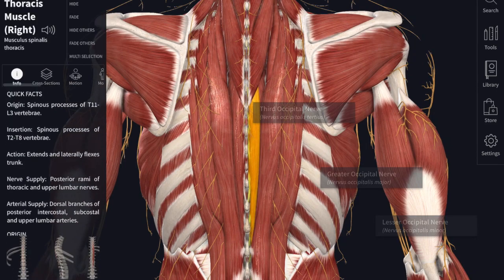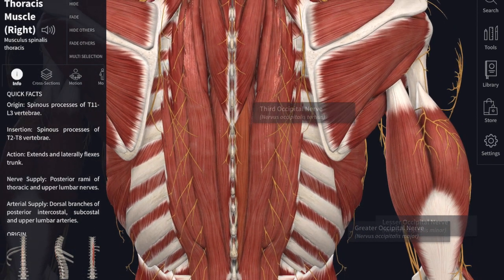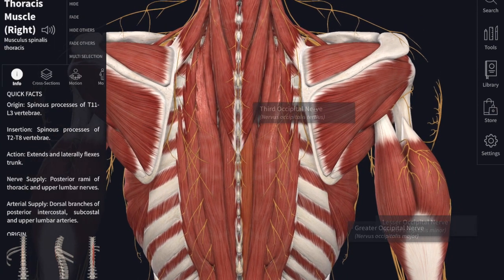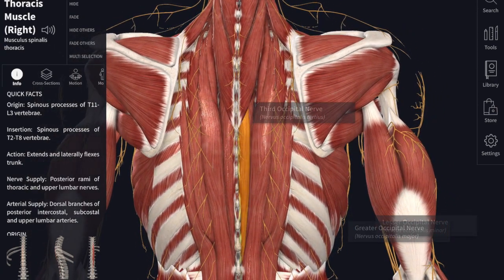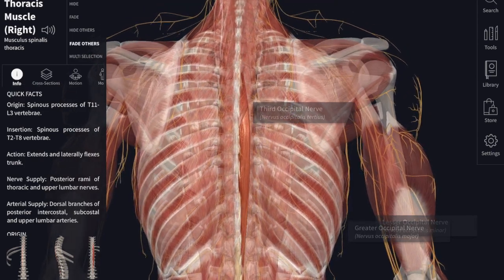So the most medial one, as I said earlier, is going to be the spinalis muscle. There are three sections that you want to pay attention to, but before we even go there, I want to help you identify which one is which. The spinalis muscle is a little easier to identify because when you're looking at these muscle fibers, you're going to notice that they are running medially.